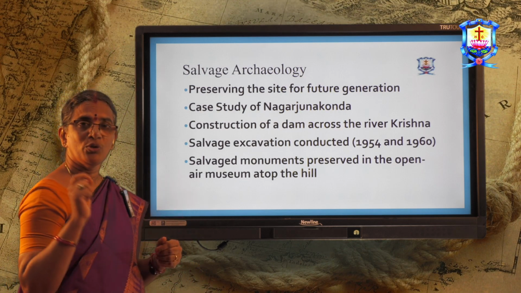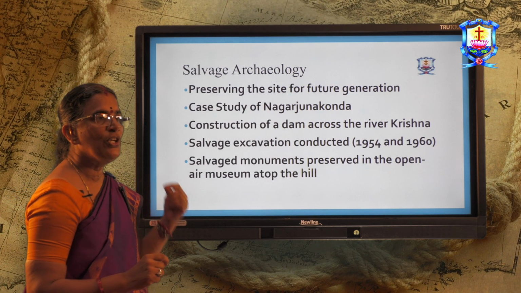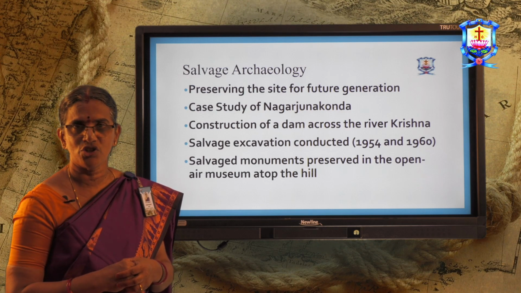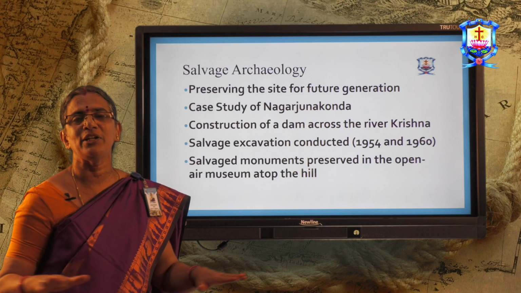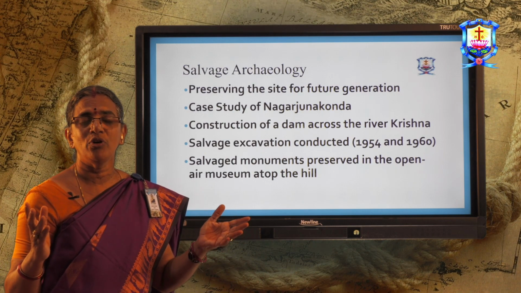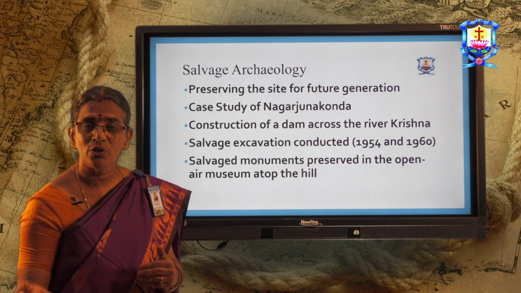So we are going to talk about one important case study, that is Nagarjunakonda in the Andhra region. Here a dam was built across the river Krishna, and the dam was about to submerge the entire site of Nagarjunakonda with all its Buddhist monuments. The site had been in use for almost 2000 years.